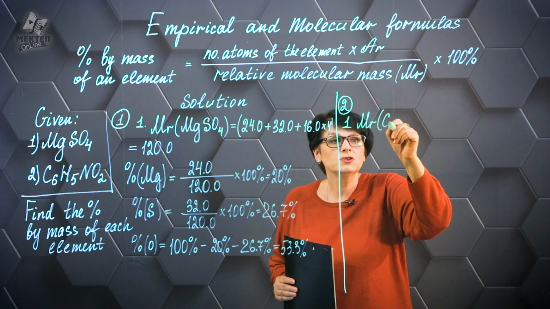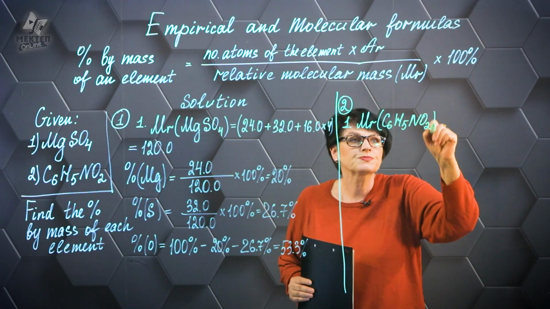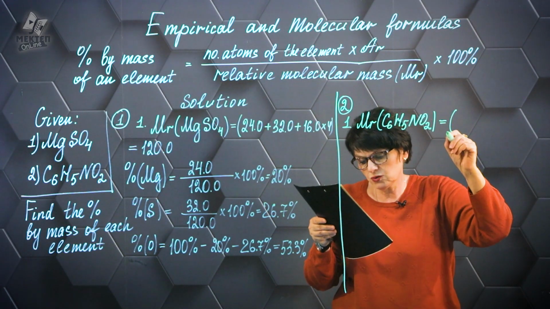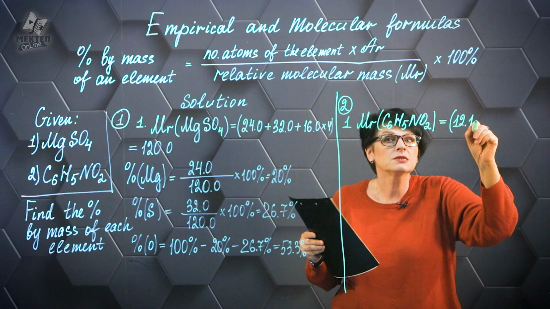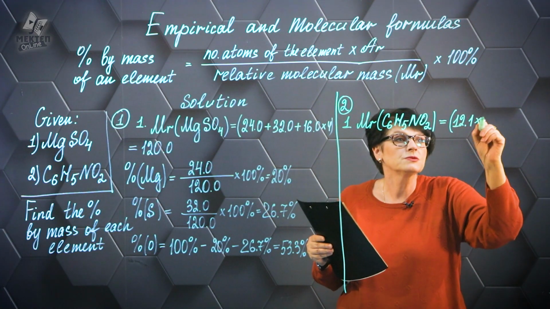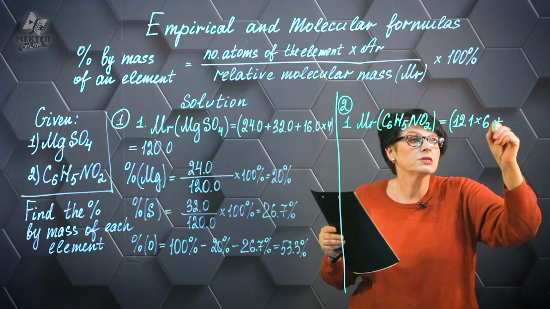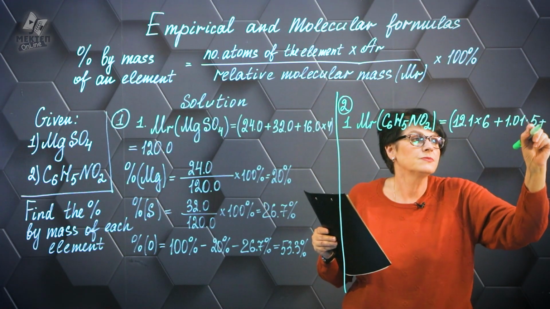The substance nitrobenzene, C6H5NO2, we calculate in exactly the same way. For carbon, we will take 12.01, but since we have 6 carbons, we multiply by 6. For hydrogen, let's take the precision as 1.01 multiplied by 5.